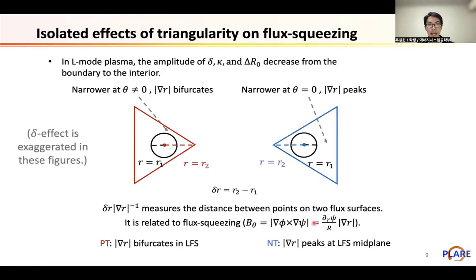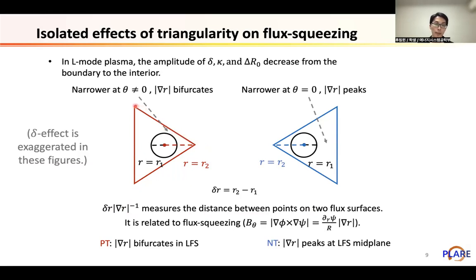In this slide, I use cartoons to help understand how delta R is impacted by triangularity. If you think about it, the small delta R times the inverse of delta R measures the distance between points on two flux surfaces, like this distance and this distance.